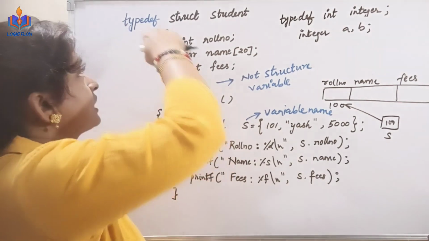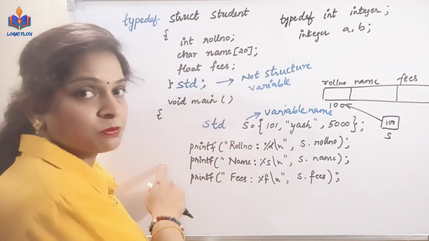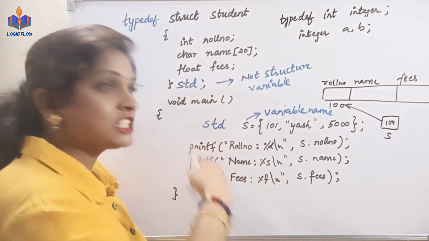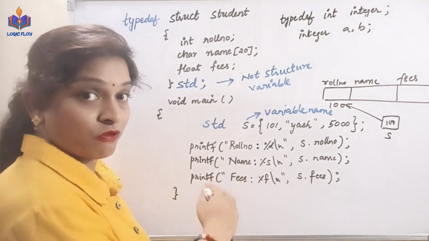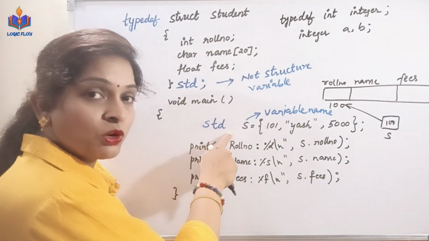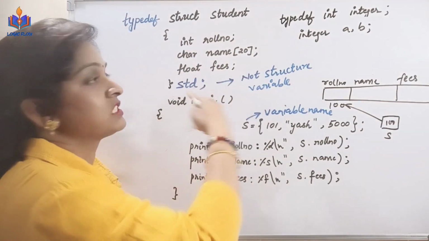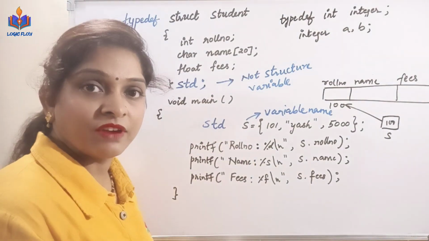Right. So here I say Typedef. This becomes a global type definition for this program. So throughout this program, maybe in the main function or in a sub function of this program, I can use this std as the new name to create a structure variable of this type. So I can say std followed by the variable name.